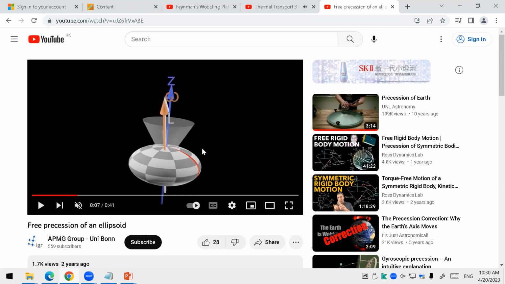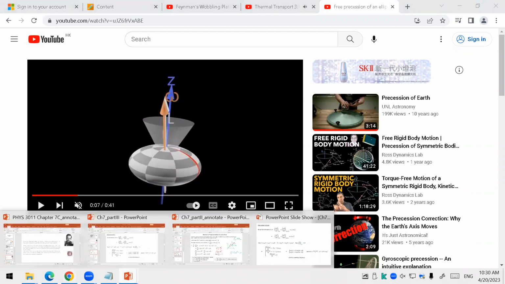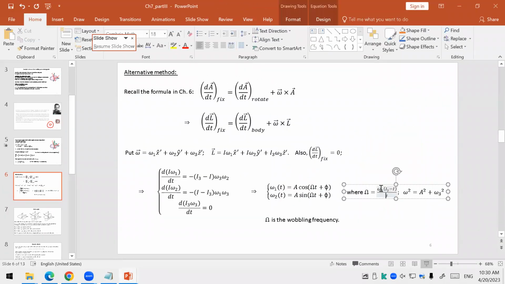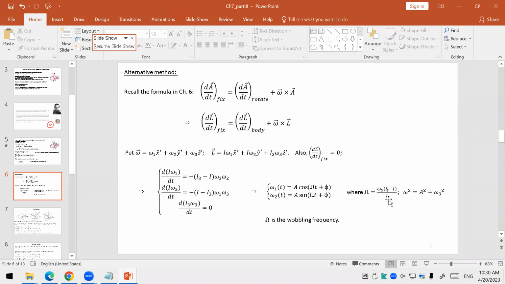So if you have a perfect sphere, what should the ratio be? Looking at this ratio here, it should be 0, because I1 equals I2 equals I3, so I3 minus I is just 0.